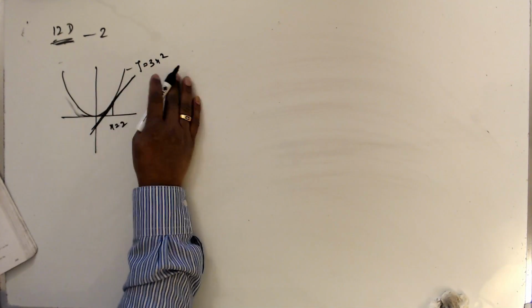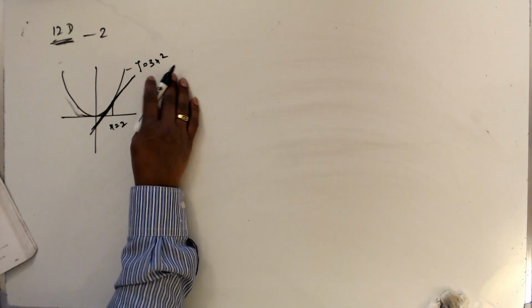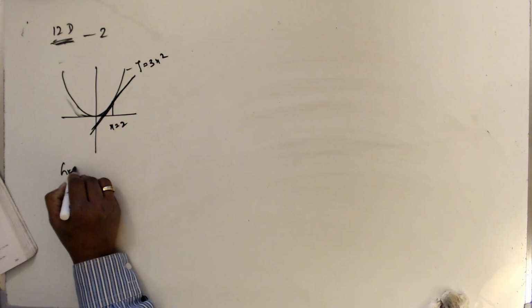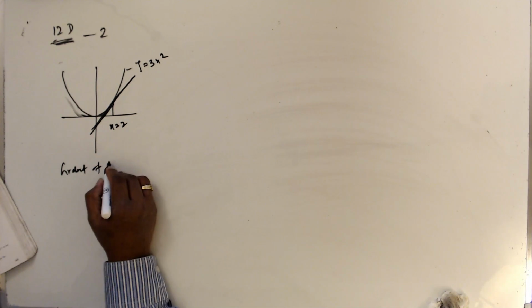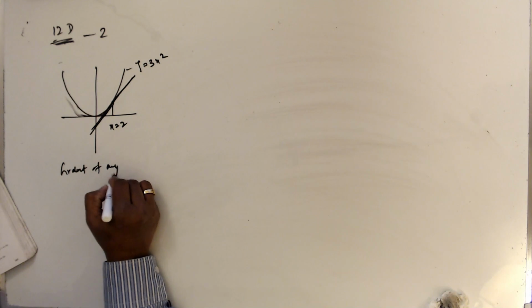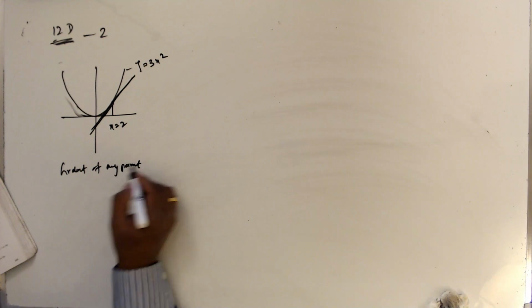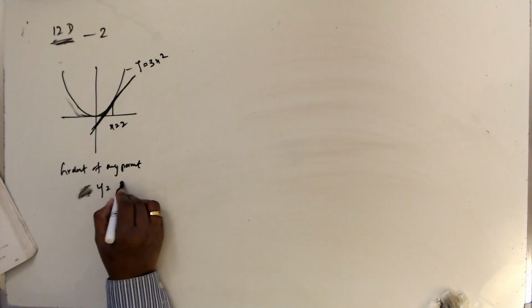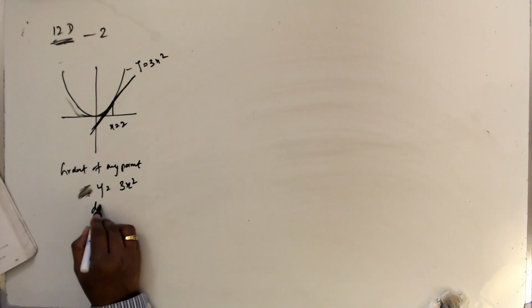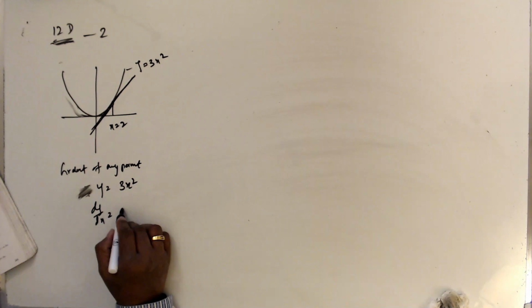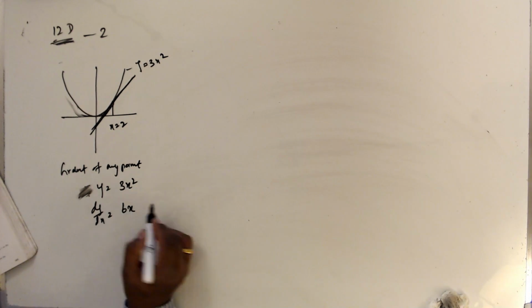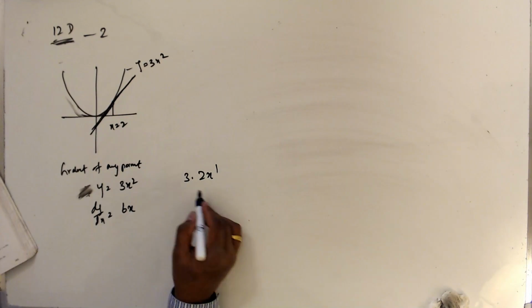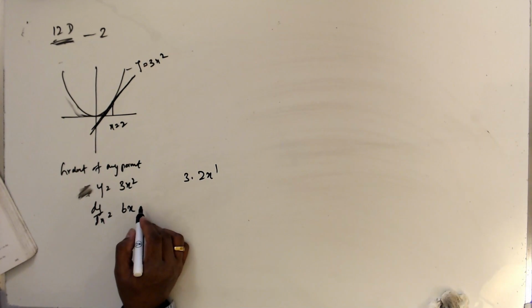So first of all we will find the gradient at any point. So y equals 3x squared, then dy over dx is 3 times 2x to the 1, so this is 6x.